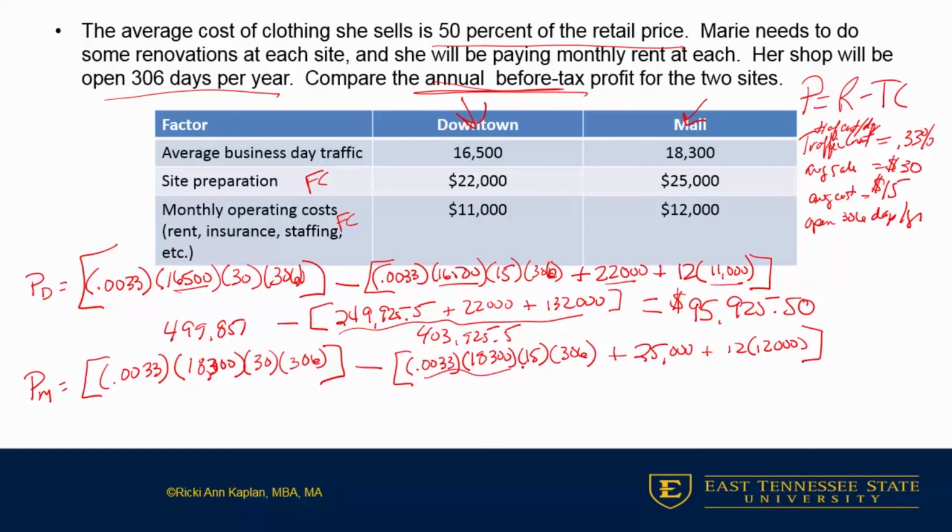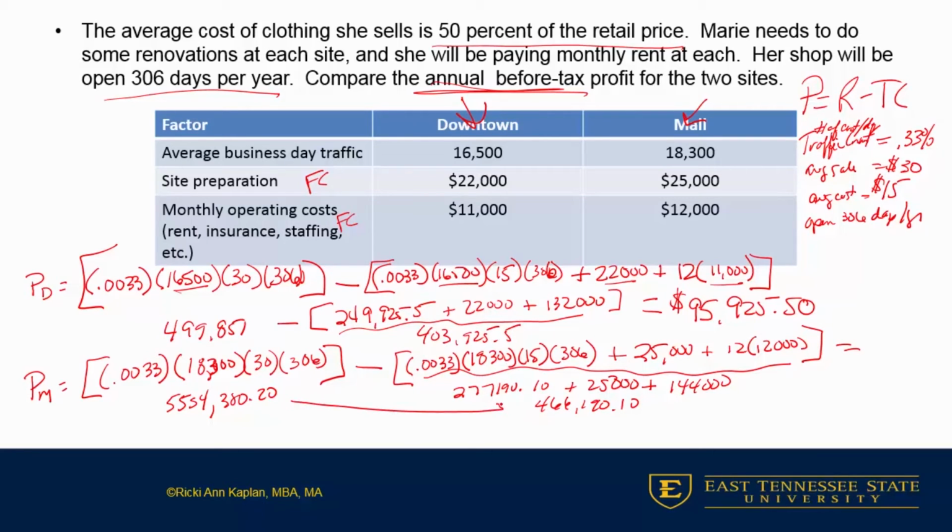So looking at my total cost here, if I do this out, it's going to be 277,190.10 plus 25,000 plus 144,000, or 466,190.10, and my revenue is going to be 554,380.20.